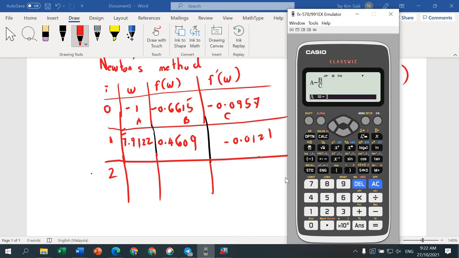Now ABC, when you are in row 2, ABC depend on row 1, which is negative 7.9122. B is 0.4609, C negative 0.0121. Something wrong. Let me check. Because from here jump to here, the value jumps so big.